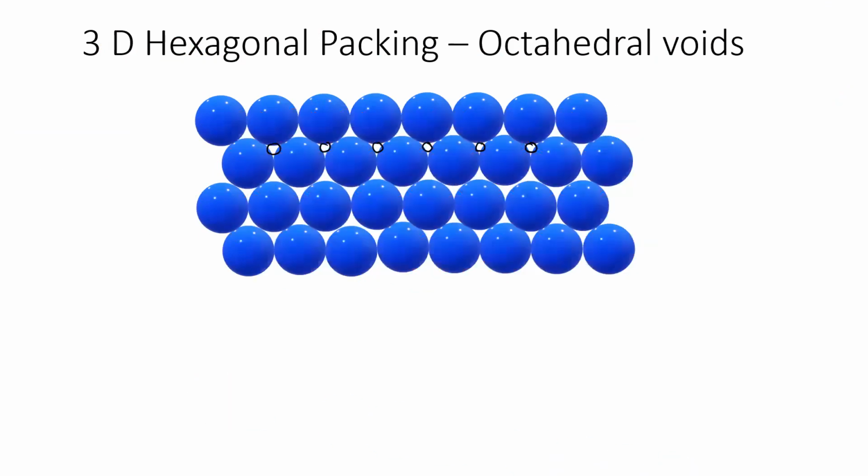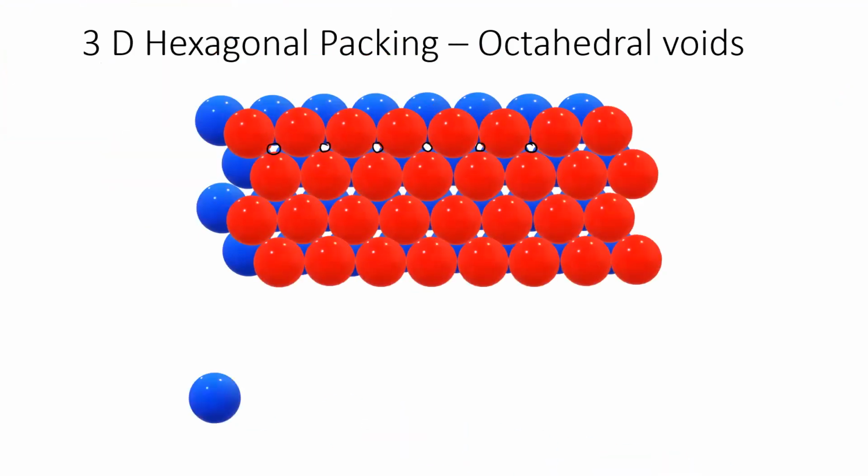Now you can place it. So how will you assimilate? 1 2 3. 3 blue color atoms. I have taken 1 2 3, and that will be placed.